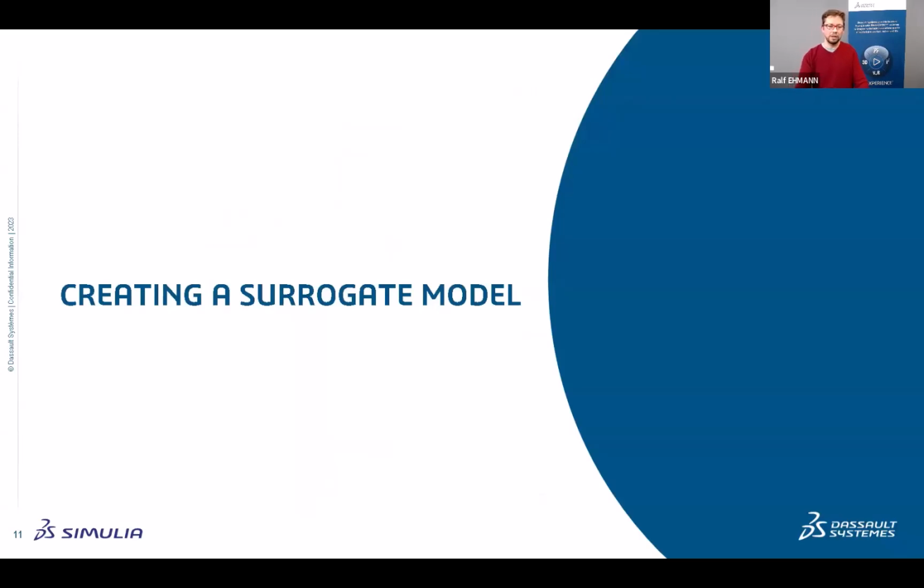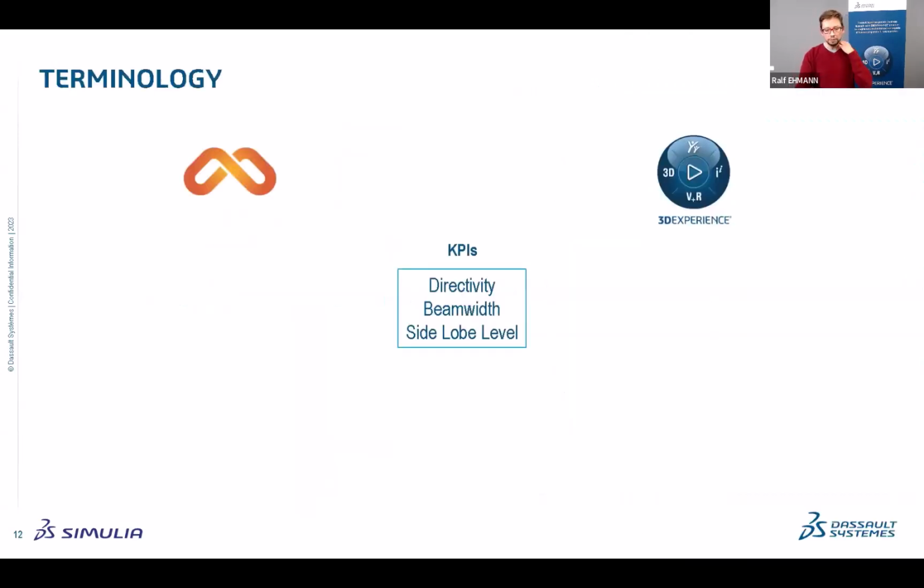Before we continue, I would just like to have a terminology alert. I talk about KPIs in some cases. In this case, it could be the directivity, the beam width, the side lobe levels of your antenna's performance. In Magus, we call these objectives. However, on the 3DEXPERIENCE platform, they're called outputs.